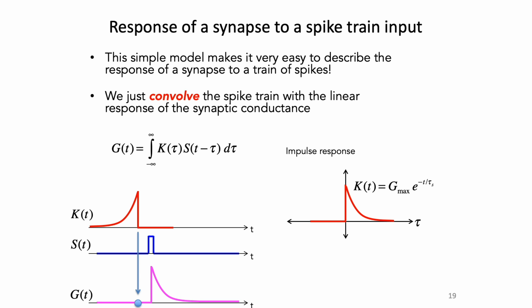Now I'm going to change t, shift this over and multiply them together. What do I get? Good. Another 0. Now let's shift it again. I'm just increasing t here. I'm not integrating over t, I'm integrating over tau. So I just shift this a little bit. Good. And now when I multiply them together, what do I get?